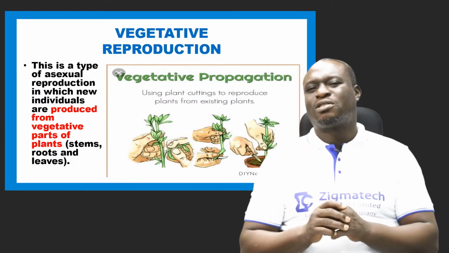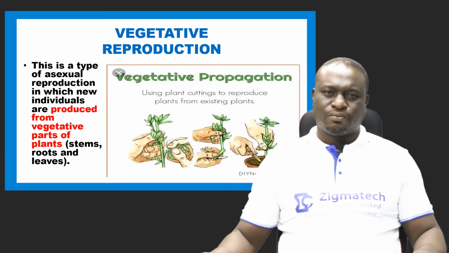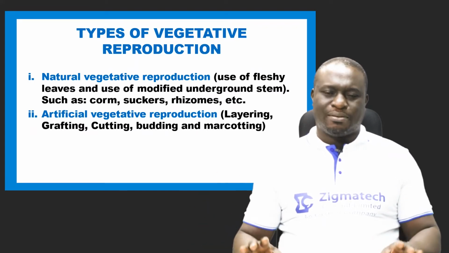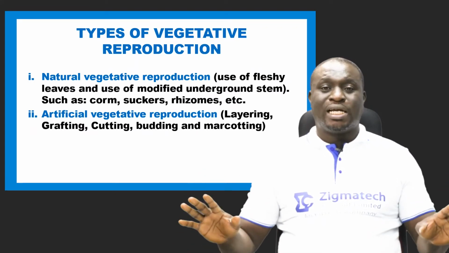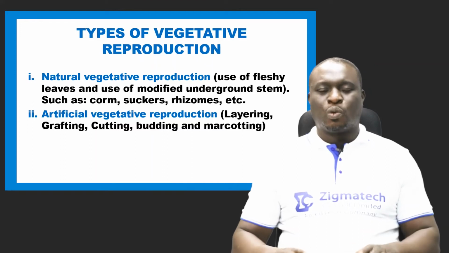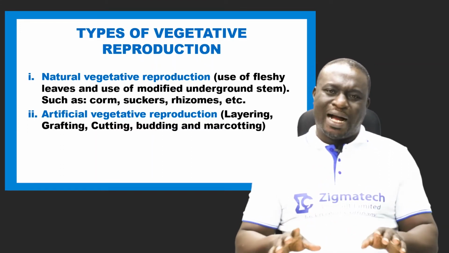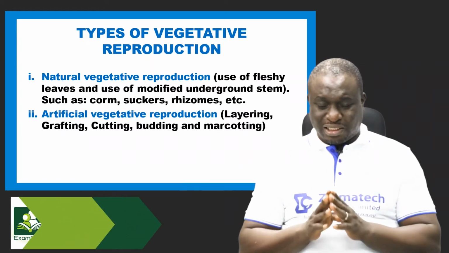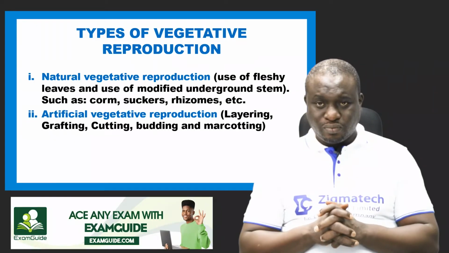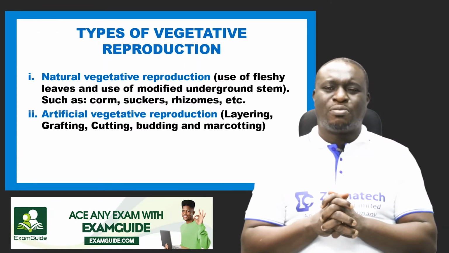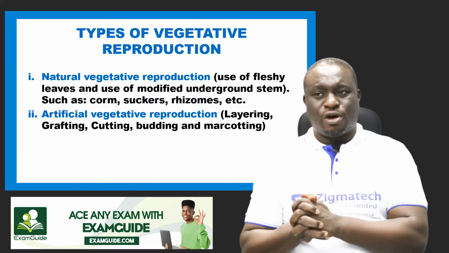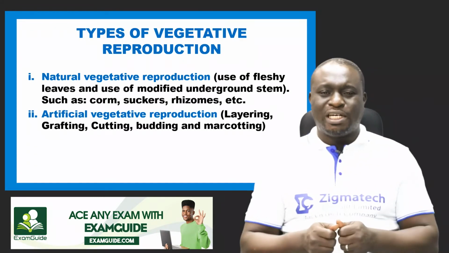Now, we have several types of vegetative reproduction, but they can be grouped into 2 types. We have natural vegetative reproduction, and then we have artificial vegetative reproduction. Examples of natural vegetative reproduction include the use of fleshy leaves.